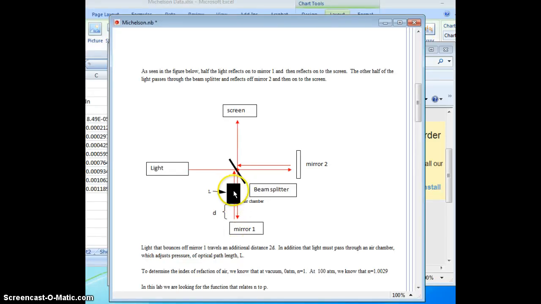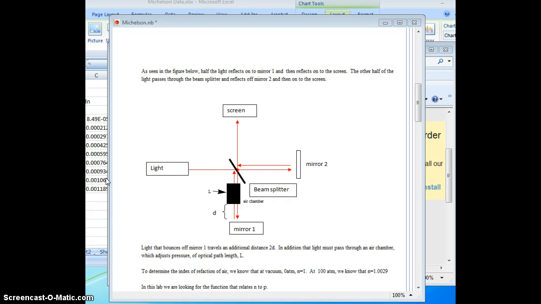And right here was a gas chamber, or an air chamber, and it varies the pressure inside. By varying the pressure that goes through, it affects the wavelength of light, ultimately.